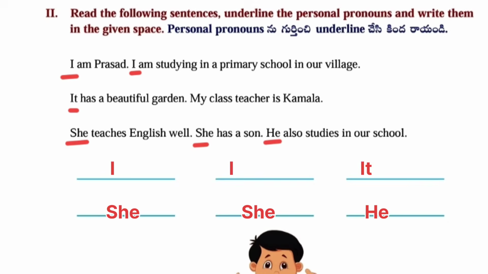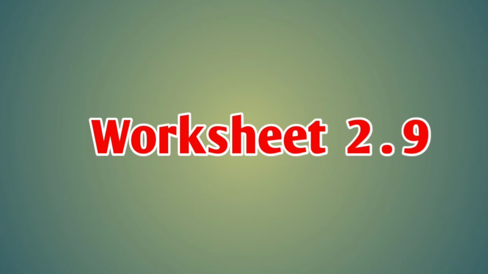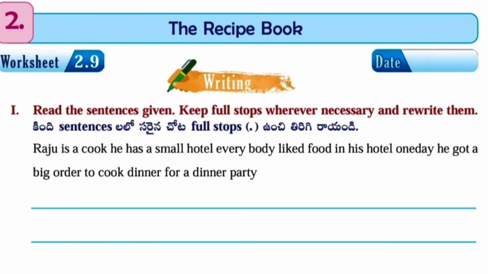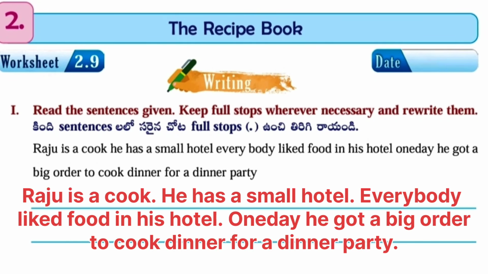And next, worksheet number 2.9. Read the sentences given, keep full stops wherever necessary and rewrite them. Raju is cook. He has a small hotel. Everybody liked food in his hotel. One day he got a big order to cook dinner for dinner party.